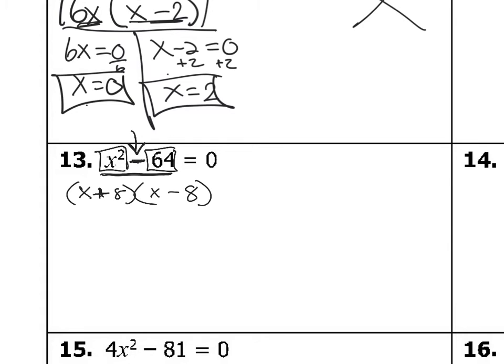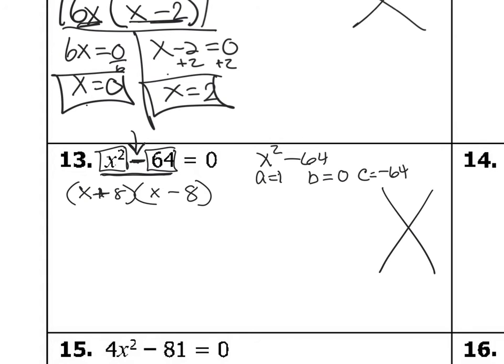Okay, now let's just say that you did not remember difference of squares, right? Well, A would be 1. B, there's not a B, so B is 0, and C is negative 64. So you would be doing negative 64 over 0. Factors of negative 64 that add up to 0.